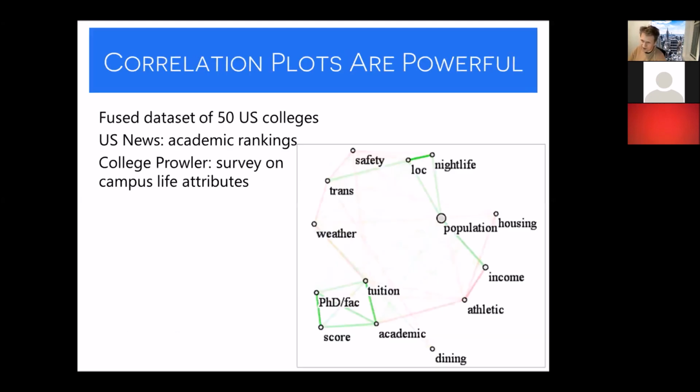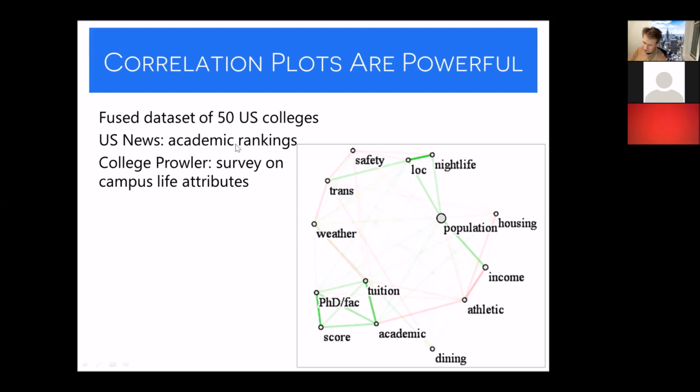So the next thing is these correlation plots, and what you can learn from the correlation plots themselves. You have this data set of 50 US colleges. This is basically a fusion of two data sets: the US News academic rankings and a data set from College Prowler, now called Niche, which is essentially a survey on campus life attributes.